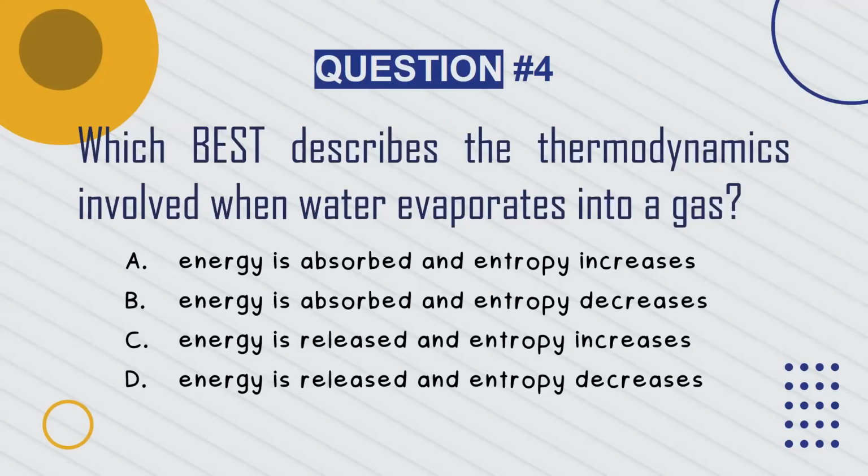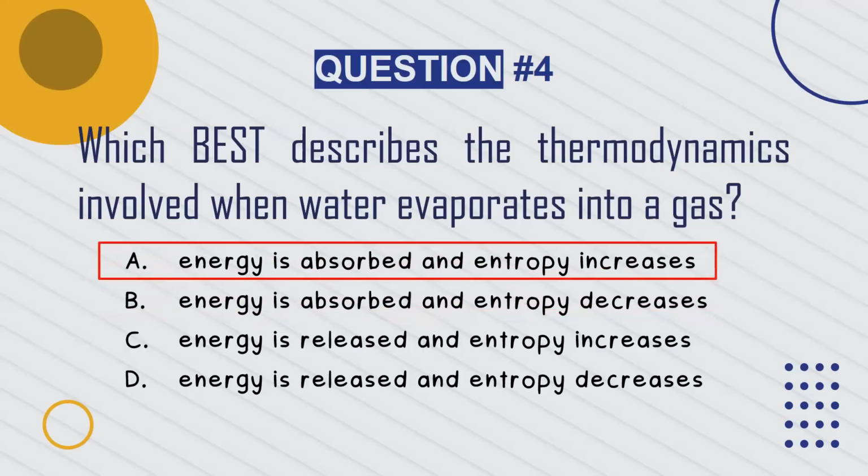Whenever water changes from a liquid phase to a gaseous phase, which is the evaporation process, the energy is absorbed. And while doing that, the entropy also increases. So the correct answer is letter A.